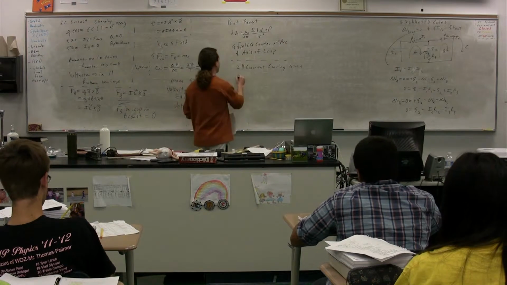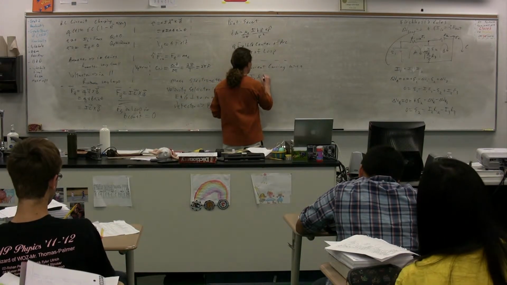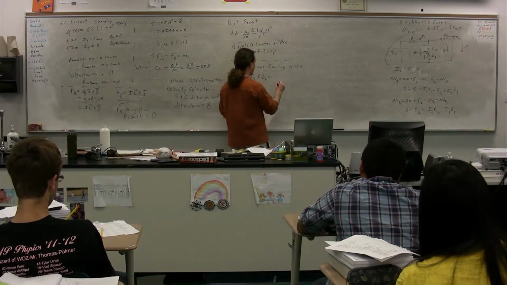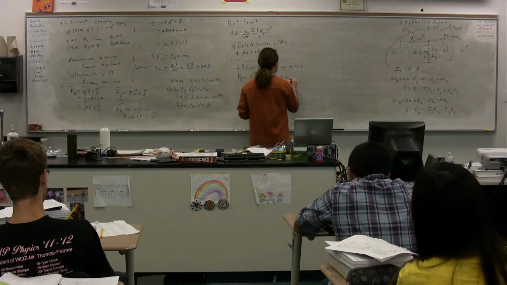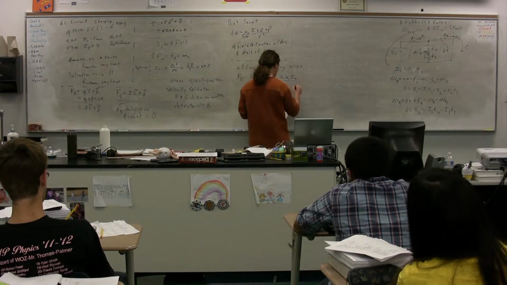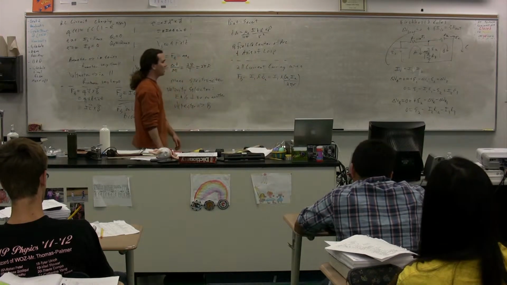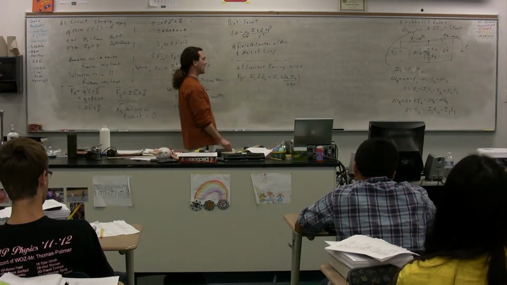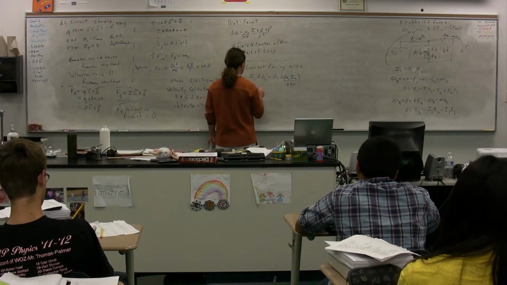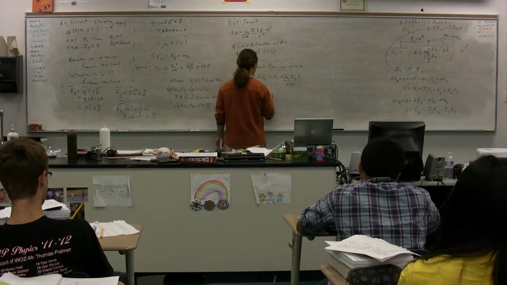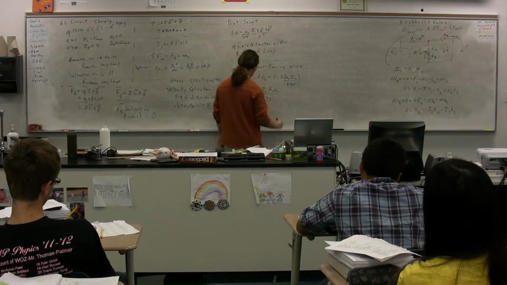We figured out that the magnetic force is equal to current 1 times L times the magnetic field from the second, or current 1 times L times mu naught I2 over 2 pi r, because we figured out the magnetic field at a distance r from a current-carrying wire is mu naught I over 2 pi r. Therefore the force is current 1 times current 2 times the length multiplied by mu naught over 2 pi r.